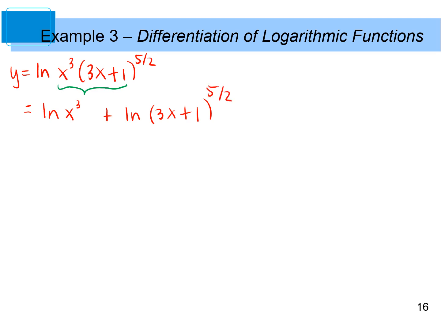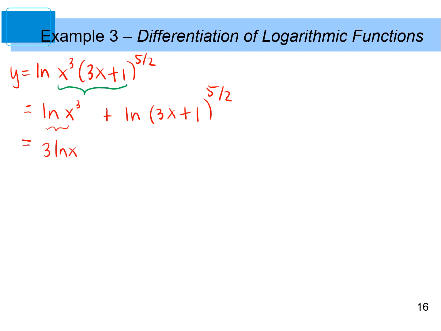Note that we are not yet differentiating. Instead, we are expanding our natural logarithmic function so that it would be easier for us to differentiate. Next, we apply property 3, the property for powers. So we can convert this into 3 times ln of x.